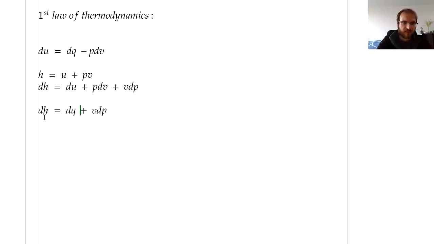And we can see that the change in enthalpy, dH, is dq plus vdp. Which we can also write as: change in enthalpy is change in the transferred heat plus change in technical work.